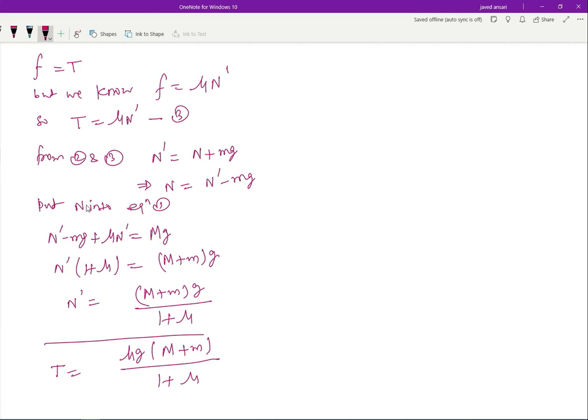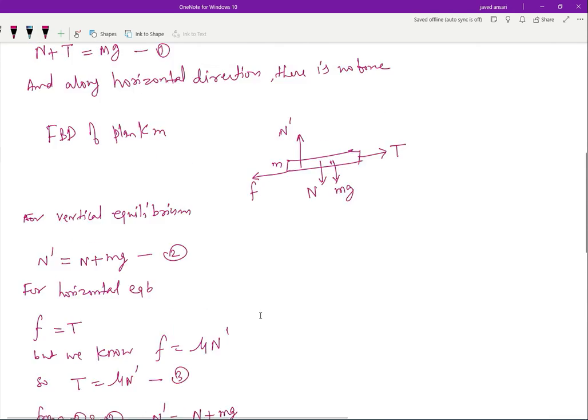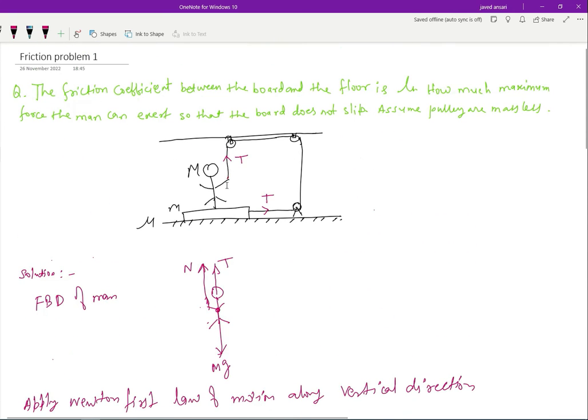So this is the value of tension which is being created by the man because he is pulling the thread with some force. Because of that force, the thread is also pulling him upward in the opposite direction.